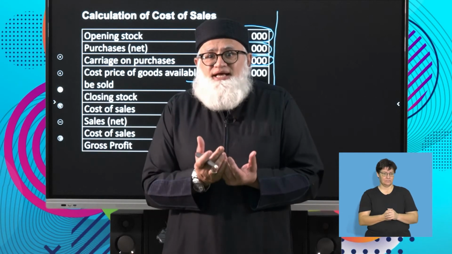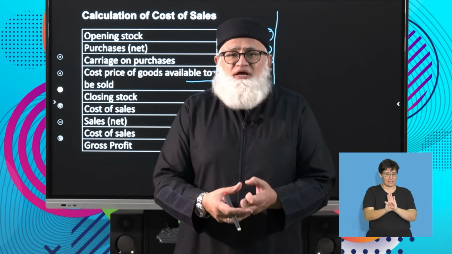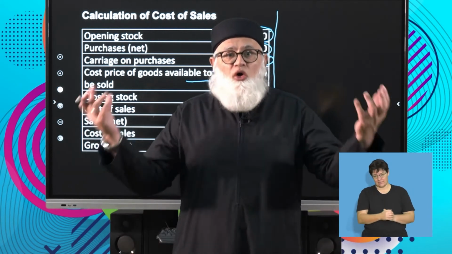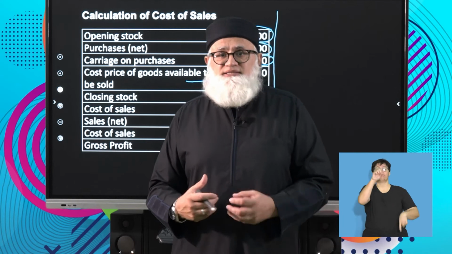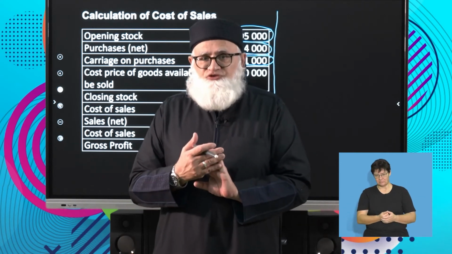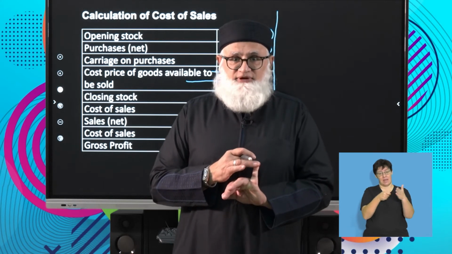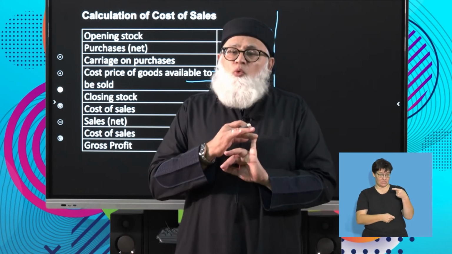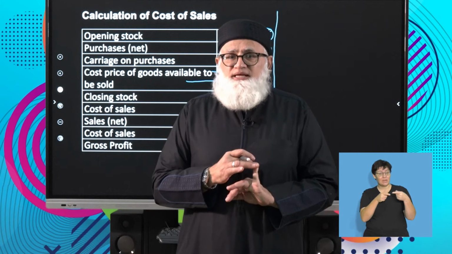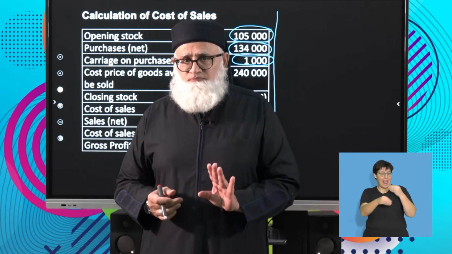In this particular example, obviously it's limited. You can't get an example with all the variables in it, right? So take note of the following. You needed to work out your net purchases figure, right? When you are doing your purchases figure, take the following into consideration.